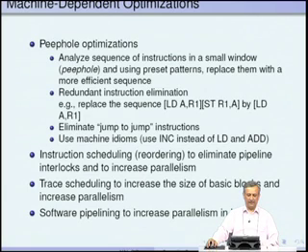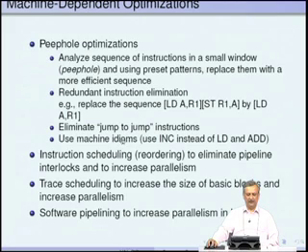These peephole optimizations analyze a sequence of instructions in a small window which is called a peephole, and using preset patterns replace them with a more efficient sequence. So, it may be that a particular sequence of instructions is inefficient and there is a way of writing them in an efficient fashion which is known to all programmers. Such patterns can be put into a peephole optimizer.